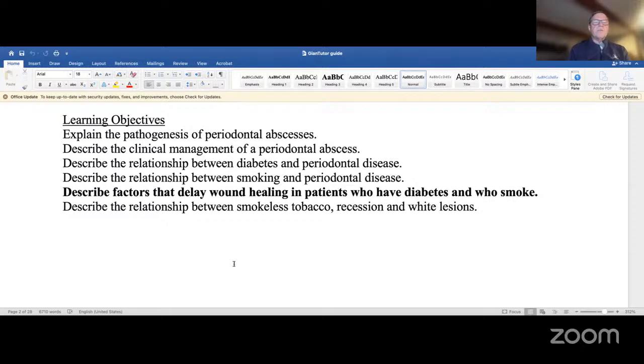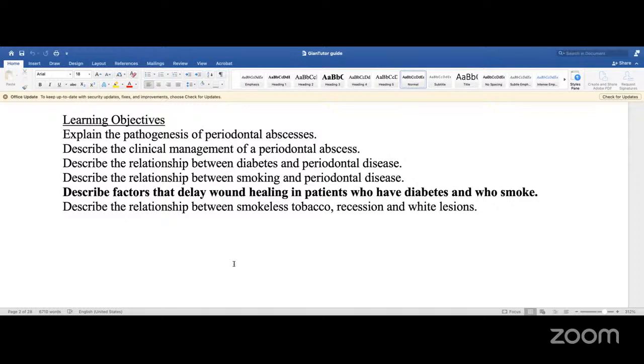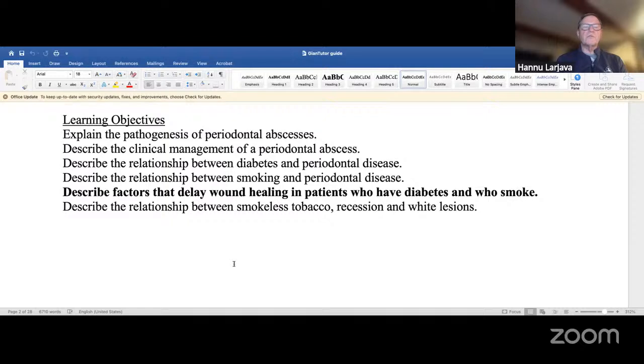They are to explain the pathogenesis of periodontal abscess, describe the clinical management of the abscess, describe the relationship between diabetes and periodontal disease, smoking and periodontal disease, the 2 major risk factors for periodontal disease, and then describe factors that delay wound healing in patients who have diabetes and who smoke, and describe the relationship between smokeless tobacco, recession, and white lesions.